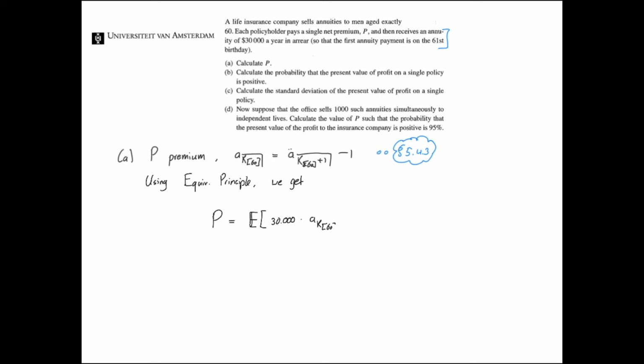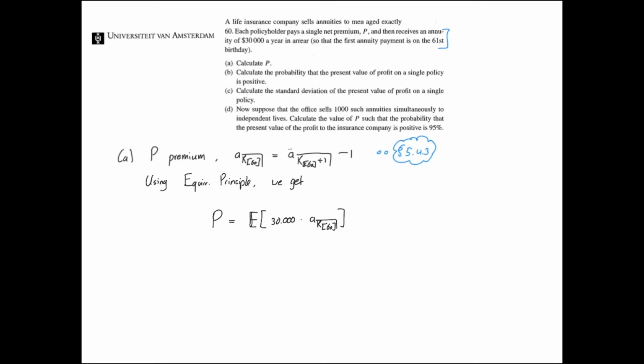Also note that we took select ages, because in this chapter we assume the standard select survival model. So there's an interest rate of 5%, the force of mortality is Makeham's law, and the selection period is 2 years.